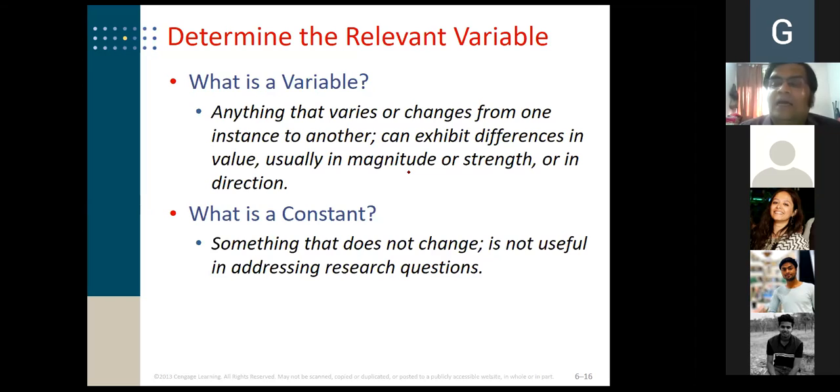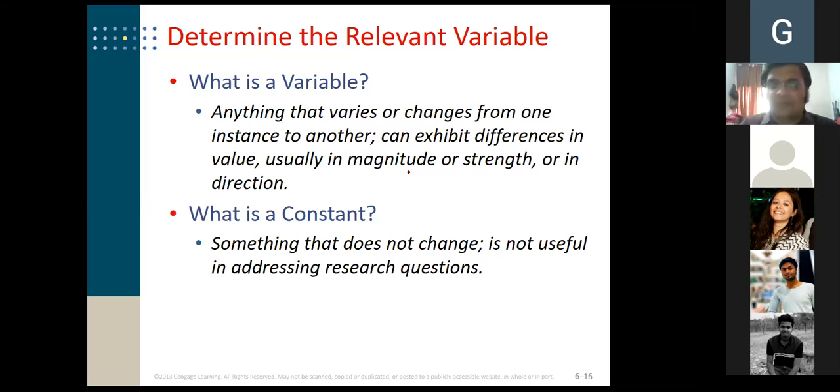See, I gave you an example of customer loyalty. Does customer loyalty vary from customer to customer? Suppose you are 60 students here or 57, whatever it is, right? Suppose all of you are purchasing online these days.